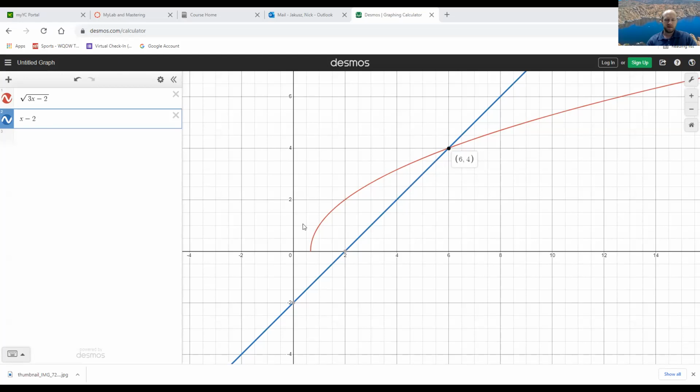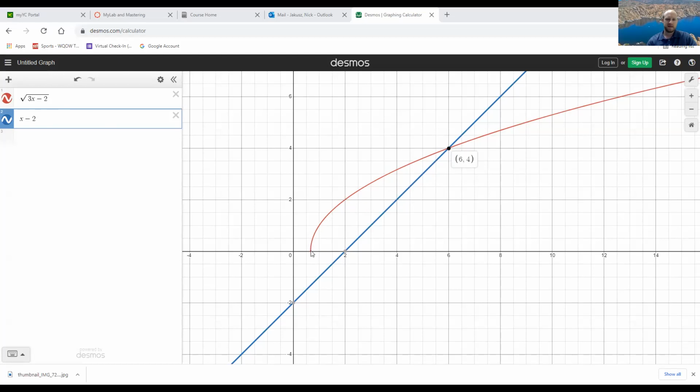So this is what I was talking about. We have the red line is the square root of 3x minus 2, and the blue line is x minus 2. And those intersected at the point 6, 4. And any time lines intersect, that's going to be the solution of that equation, okay?